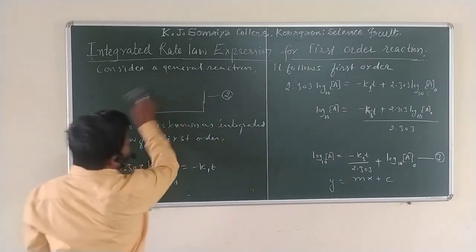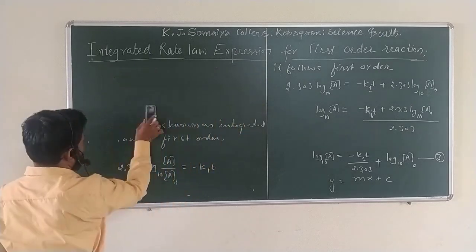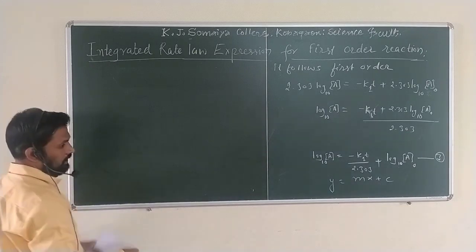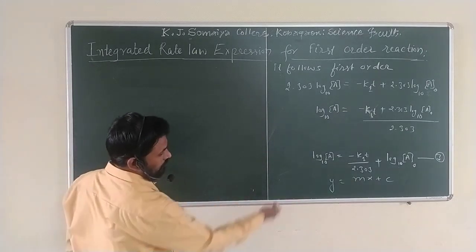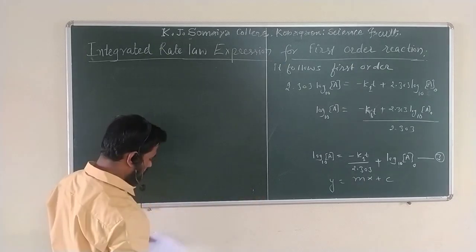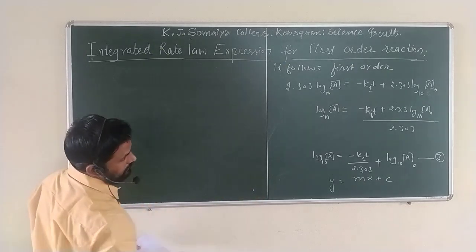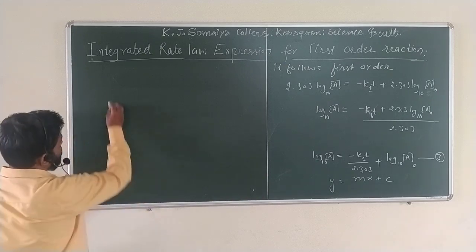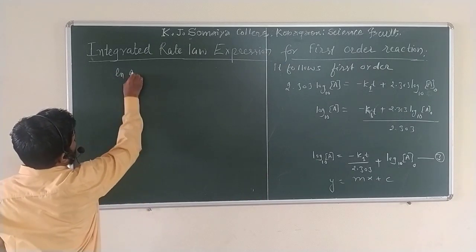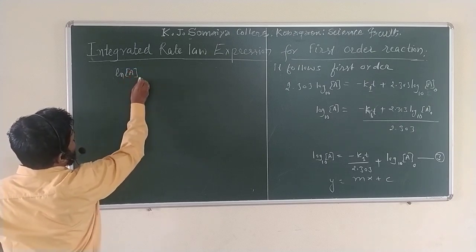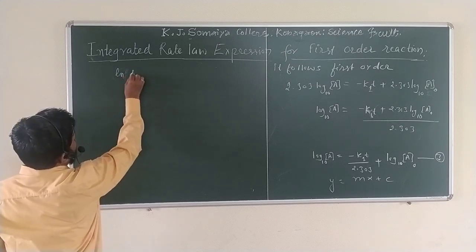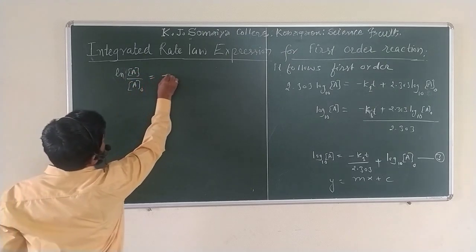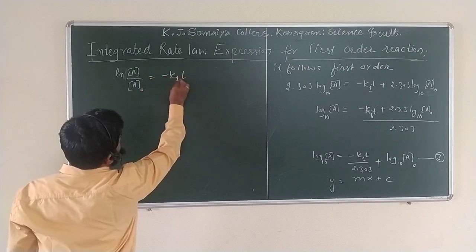Let me continue further. What is remaining? We have to find out the rate constant. How can the rate constant be calculated? From this equation: ln of concentration of A divided by concentration of A0, we already saw, equals minus K1 t.